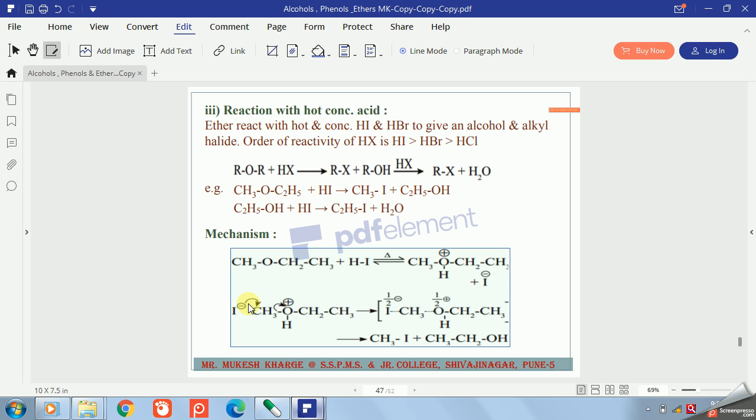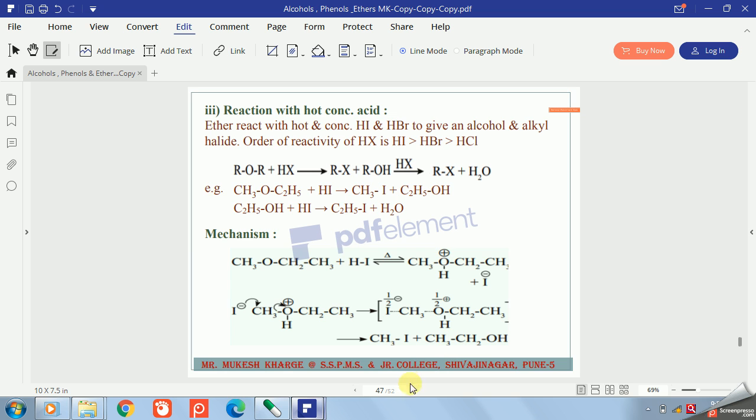The negative charge is partially distributed over I minus and the partial positive charge is balanced with oxygen. Then with complete breaking of the O-CH3 bond, what do we get? CH3I plus CH3CH2OH. So we get alkyl iodide and ethyl alcohol as products.